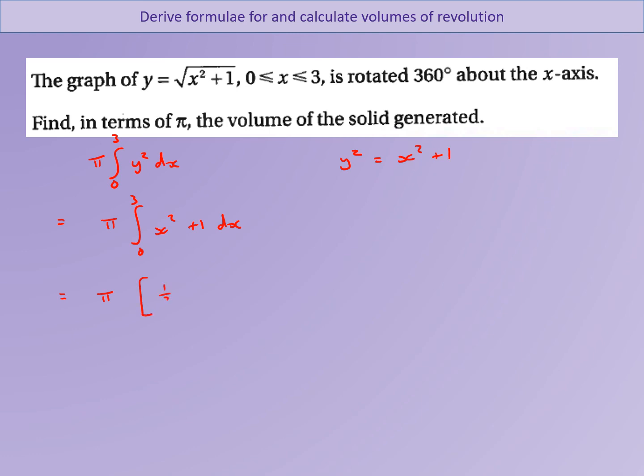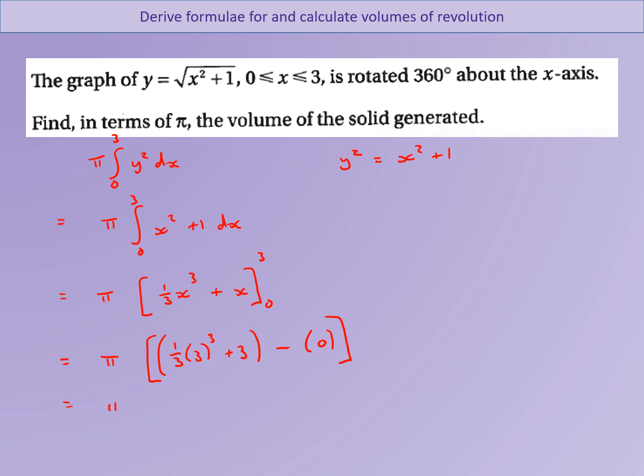This gives us a third x cubed plus x between 0 and 3. This becomes a third of 3 cubed plus 3, minus f of 0, which is just 0.